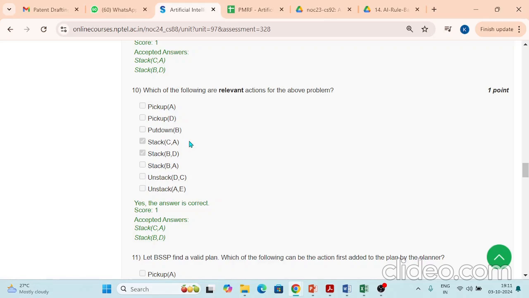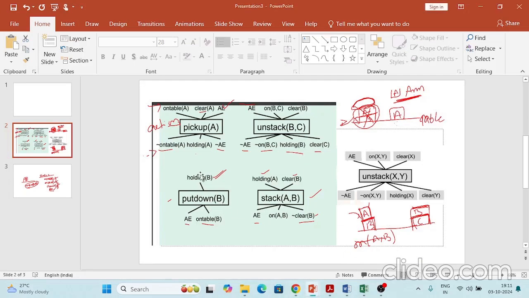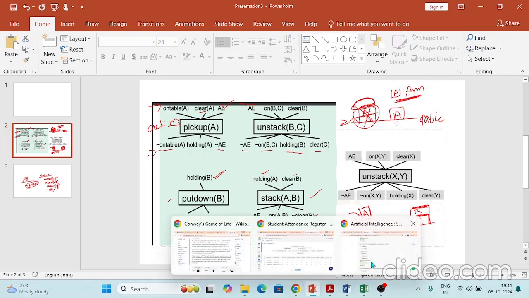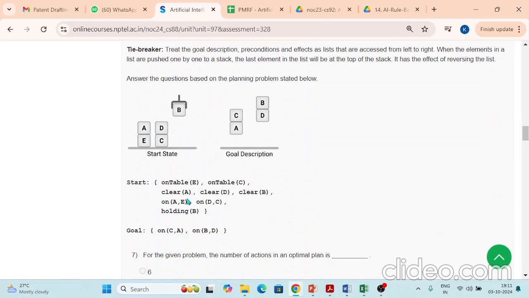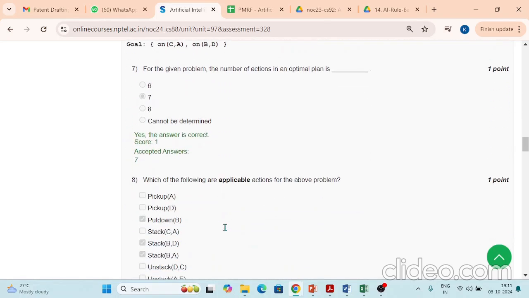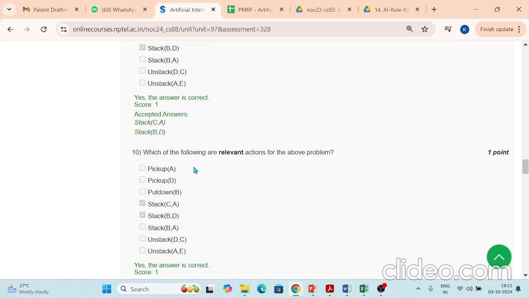Put down B is not there, because the preconditions required for put down B are holding B, arm empty and on table B. But in our state we are not having that intersection, that's why put down B is not there. So the only relevant actions for the above problem are stack CA and stack BD.